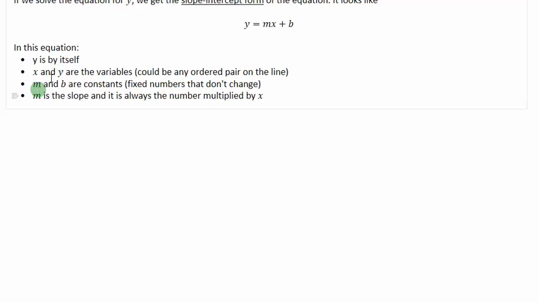And that has to do with this equation being solved for y. What you do to calculate a y value on a line is you multiply the x value by your slope in general. Now the plus b part of this, that's going to have a different effect. So the slope is multiplied by the variable x.